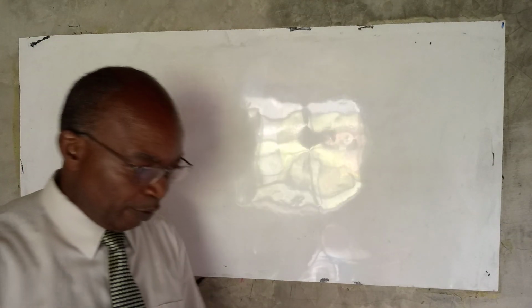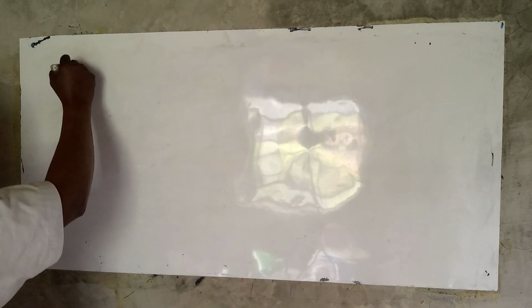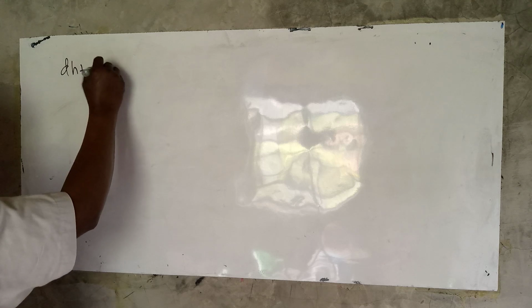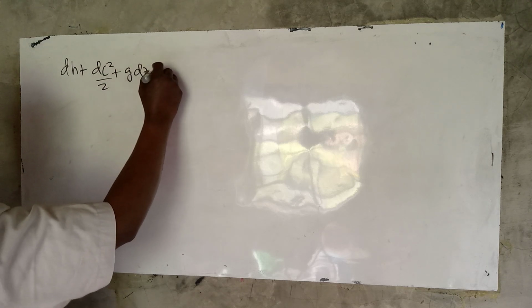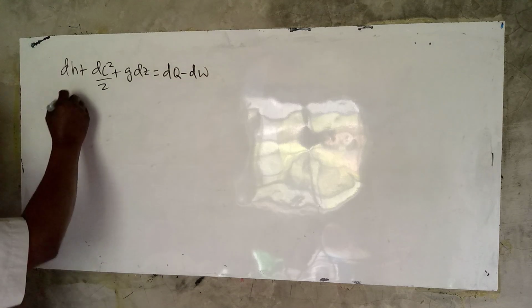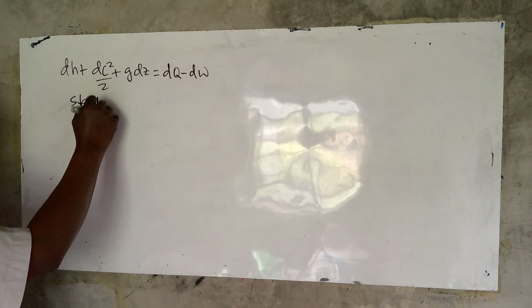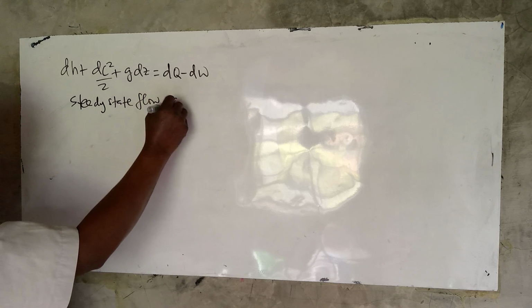And one of the first things we always remember is the steady state flow energy equation, that is dH plus dC squared over 2 plus G dZ is equals to dQ minus dW. This was the steady state flow energy flow equation.